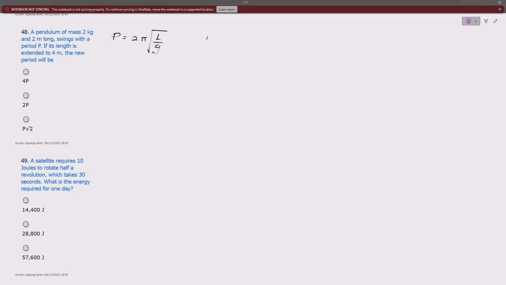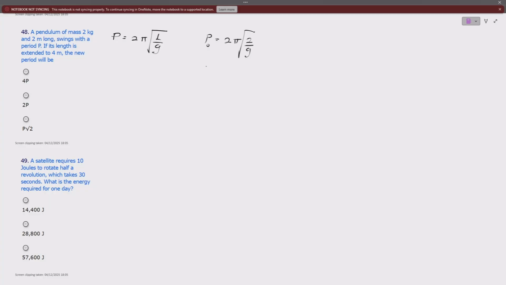The initial period P naught equals 2 pi root of 2 over g, because the length was 2 meters and the length was extended to 4 meters.